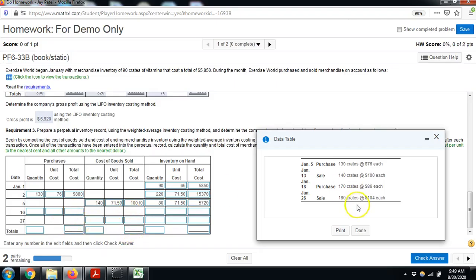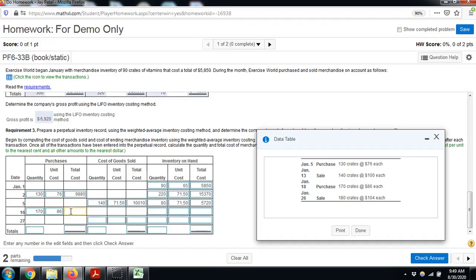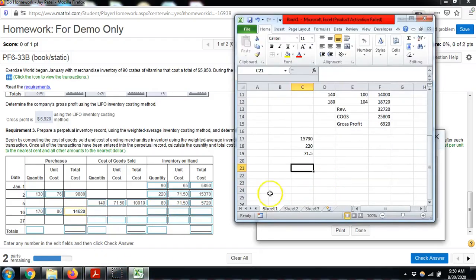Okay, so now we have another purchase transaction, 170 units. Okay, so now this is going to, again, trigger us to recalculate our weighted average cost. So we have our total cost is equal to this new purchase plus our existing cost.